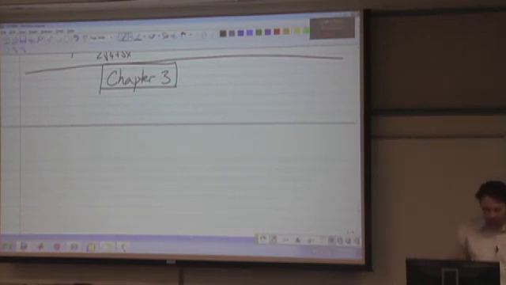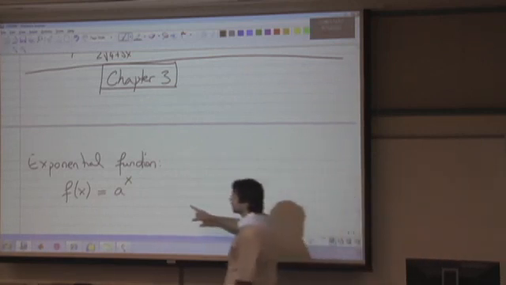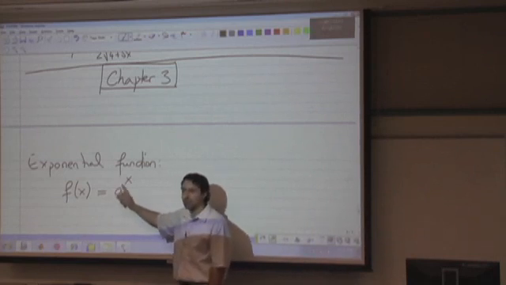So what is an exponential function? f of x is equal to a to the x power. Why is it called an exponential function? Because x is in the exponent, right? Remember, powers are called exponents.